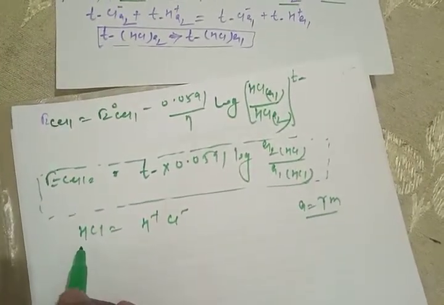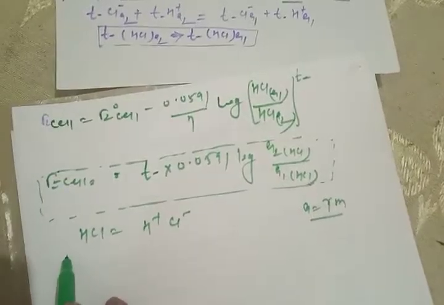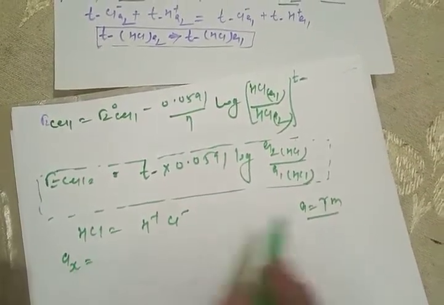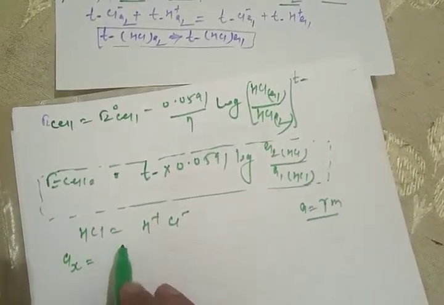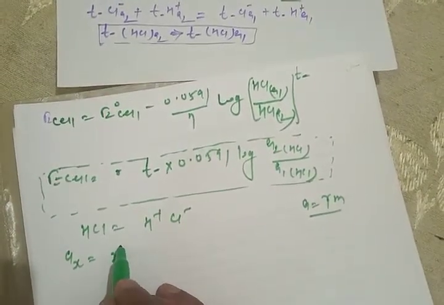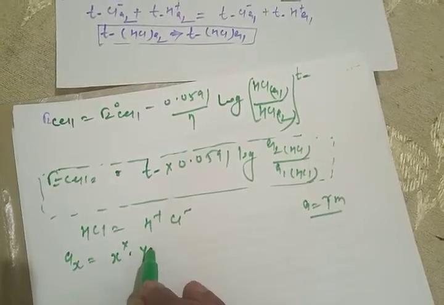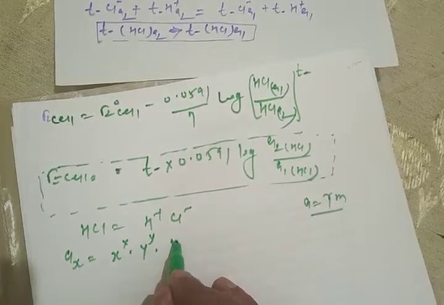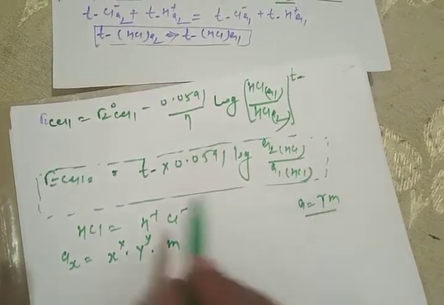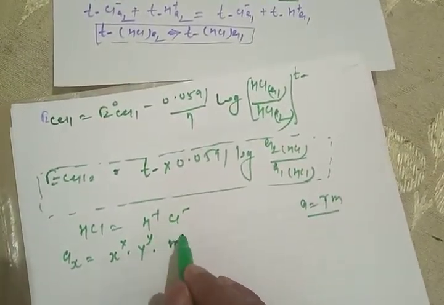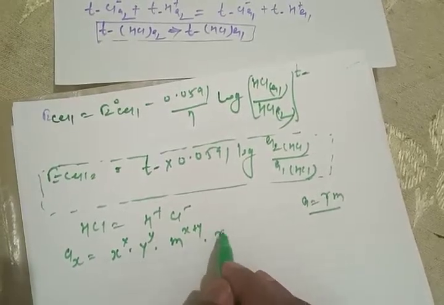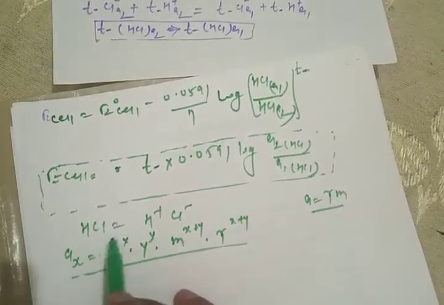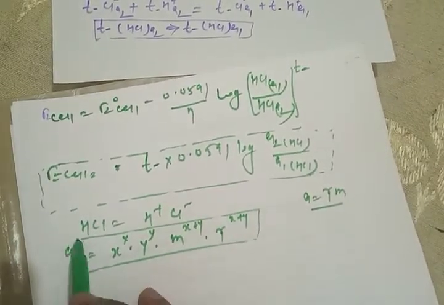So if we write the activity for A2, the common formula for activity is A equals x power x, y power y, then m to the x plus y, and gamma to the x plus y. This is the common formula for activity.